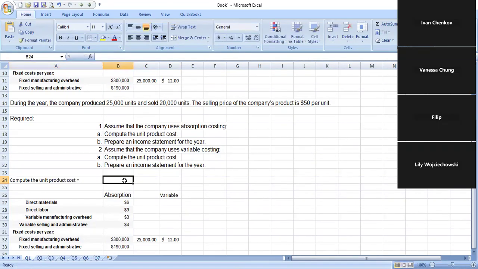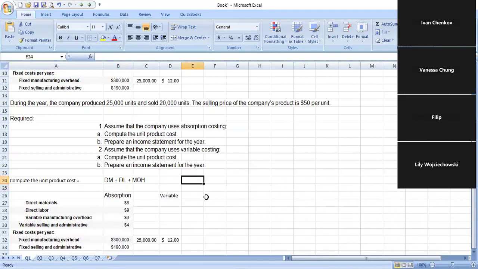Direct materials, direct labor, plus manufacturing overhead. Now, for the purpose of the questions that we're doing and for further analyzing the information, we broke that manufacturing overhead into two components, right?